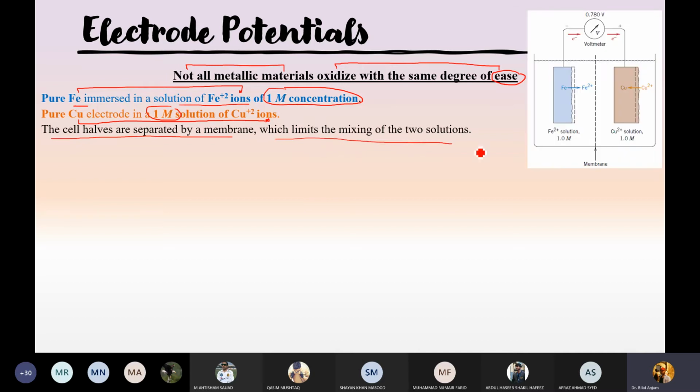So you have iron immersed in its own solution of 1 molarity, and copper immersed in its own solution of 1 molarity. Two metallic strips are there, you have the electrolyte and you connect them via an external wire. So you have both the electrodes present, the electrolyte, and the electrical path.